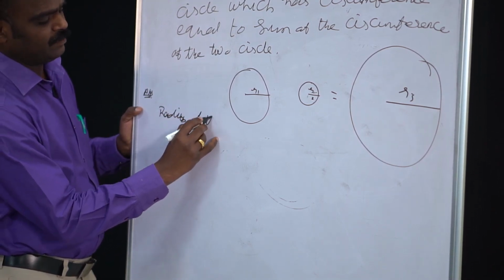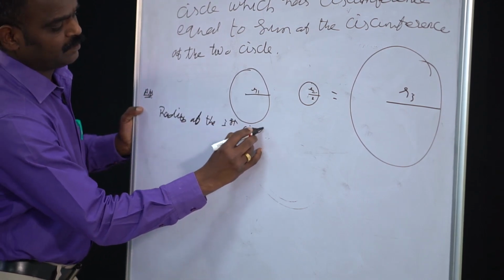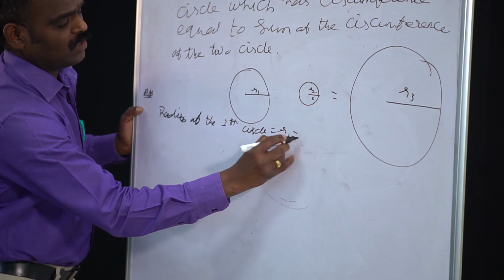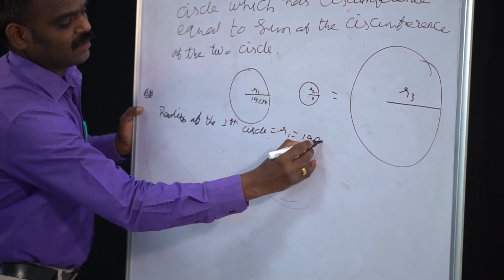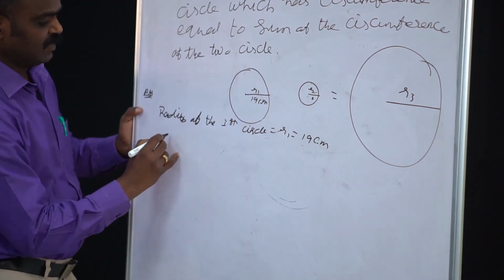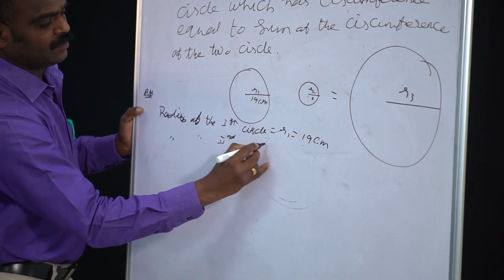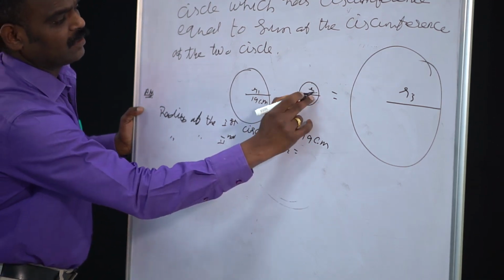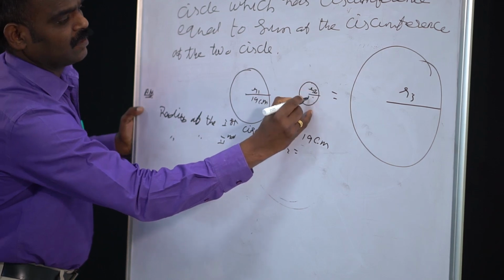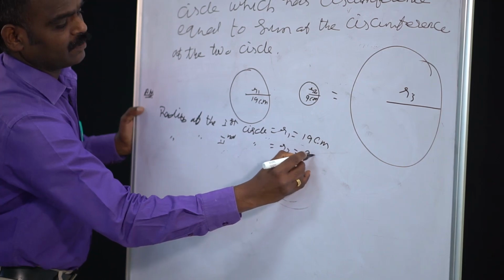Now the answer. Radius of the first circle, R1 is equal to how much? 19 centimeter. Radius of the second circle, R2 equal to how much? 9 centimeter.